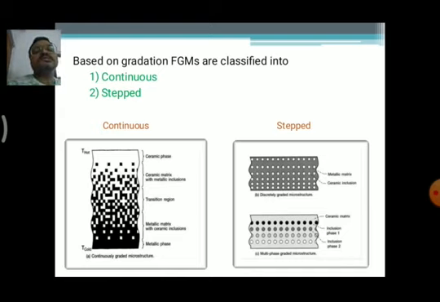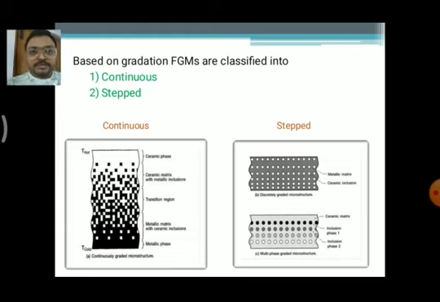Going to the transition range, we are mixing 50-50% constituents, that is 50% ceramic phase and 50% metallic inclusions. The fourth phase has major metallic inclusions with minor ceramic inclusions, and the last one is the metallic phase.